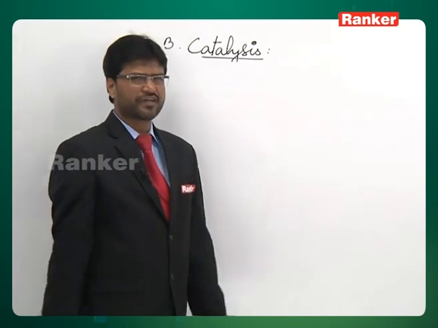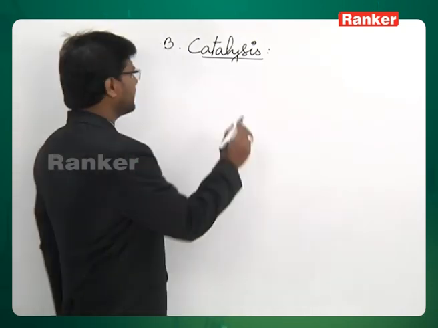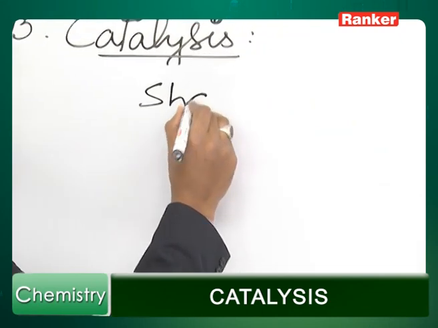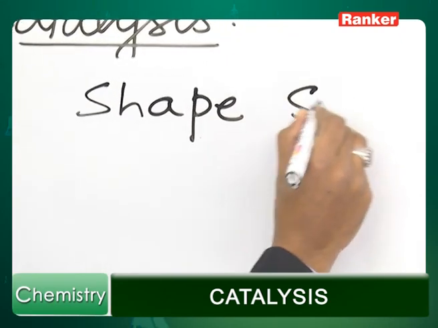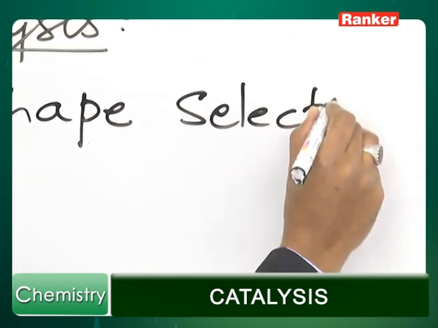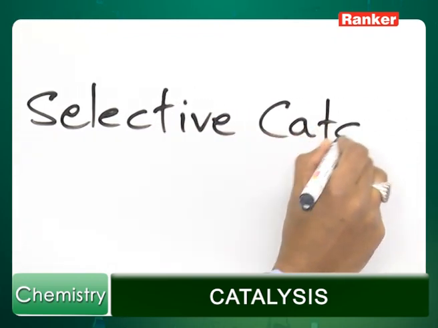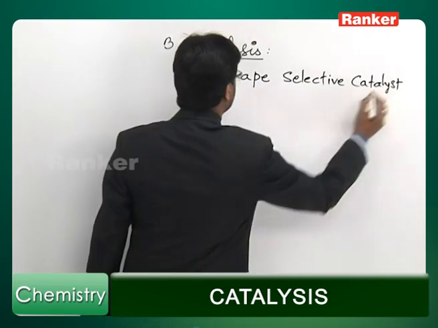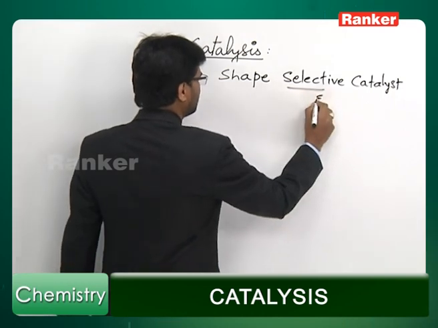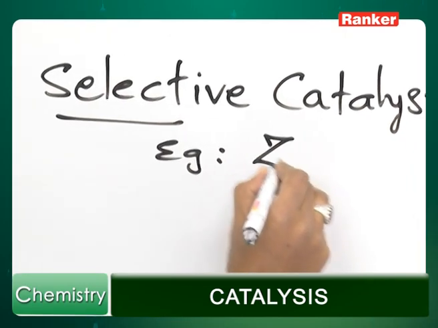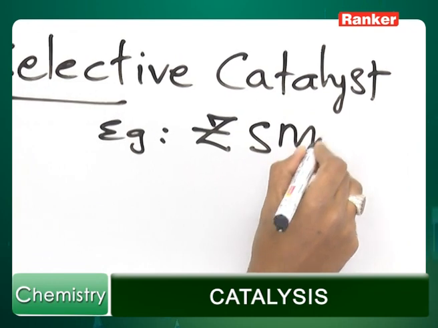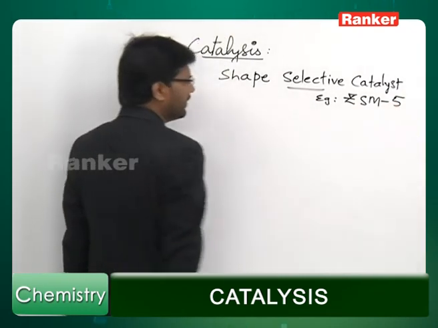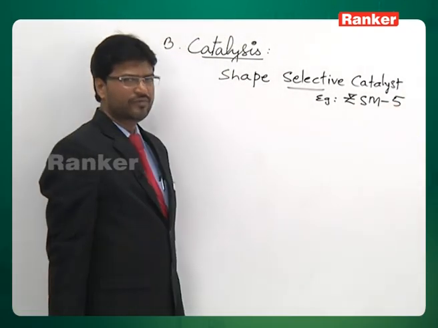There's another type of catalyst which is called a shape selective catalyst. The example here is ZSM5. ZSM5 is an aluminosilicate.